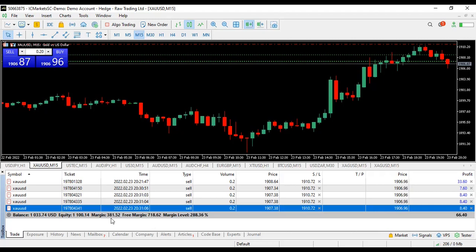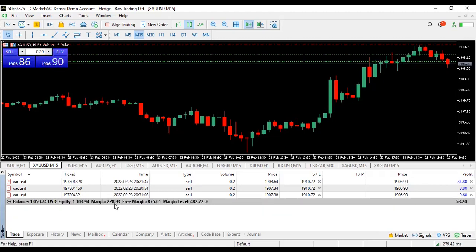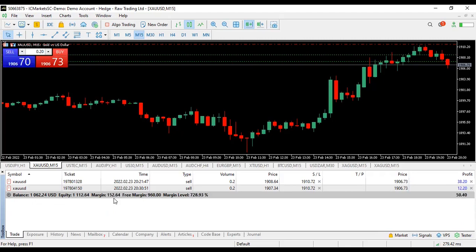You can see, check my margin, it's 381. If I close one trade, check my margin, it's 305. Let me close another one. Check my margin. 222. Let me close another one. It's 152.